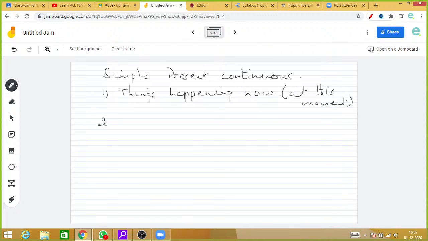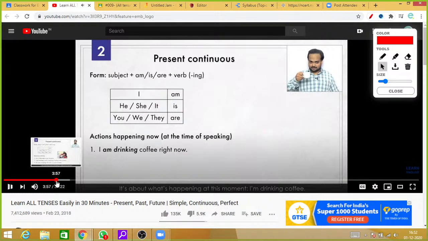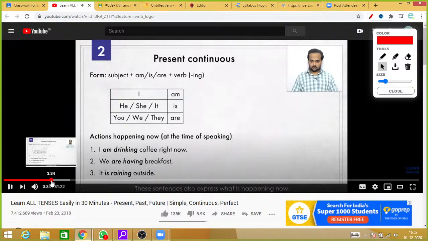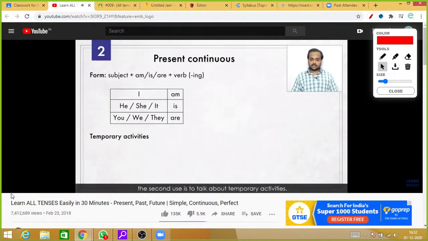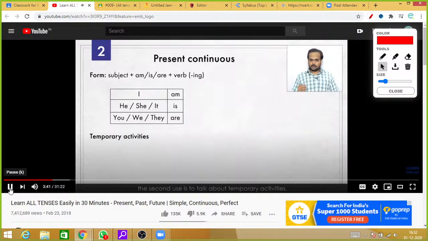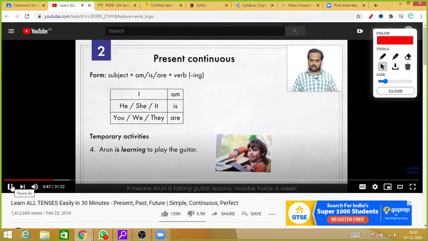The second, temporary things. See, when we are talking about basically temporary activities, like for example you are taking tuition classes.